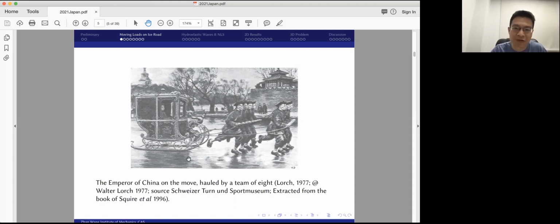This is the Emperor of China on the move, carried by a team of eight people. Squires' book on moving loads on ice sheets summarized all the linear theories before 1996.